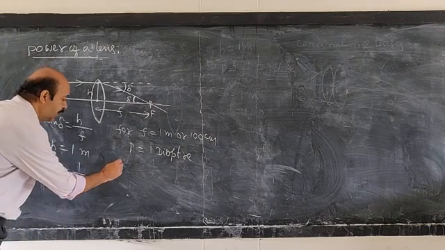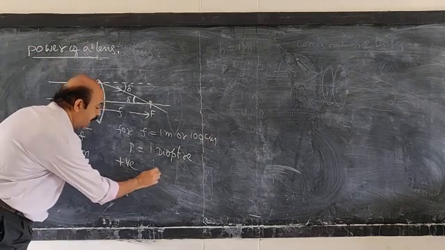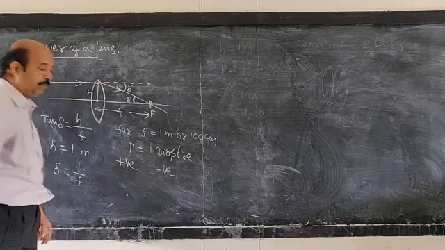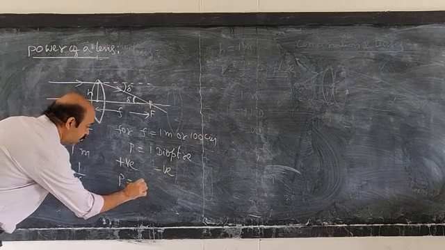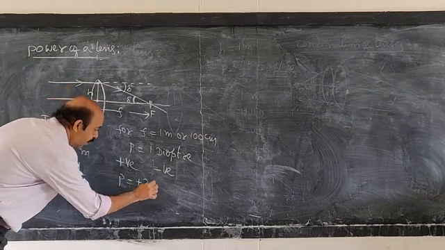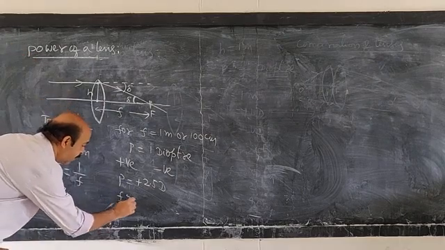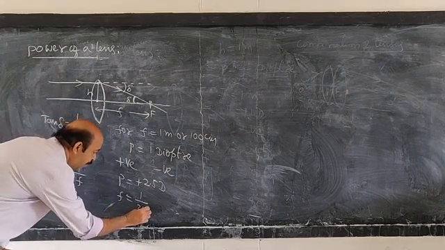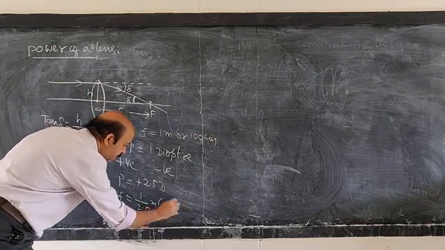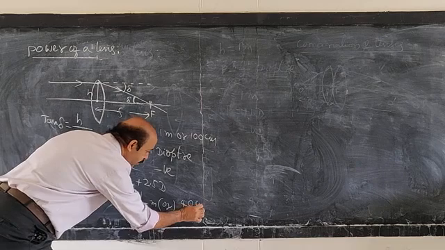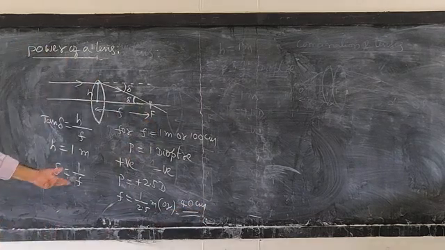Now a converging lens has positive power, a diverging lens will have a negative power. For example, if the power of a lens is said to be plus 2.5 diopter, then the focal length is given by 1 by 2.5 meters, that is 40 centimeters.